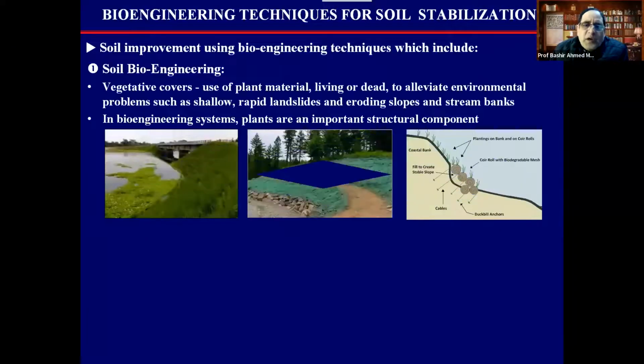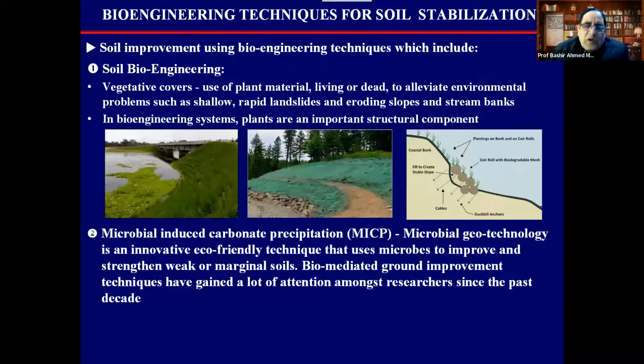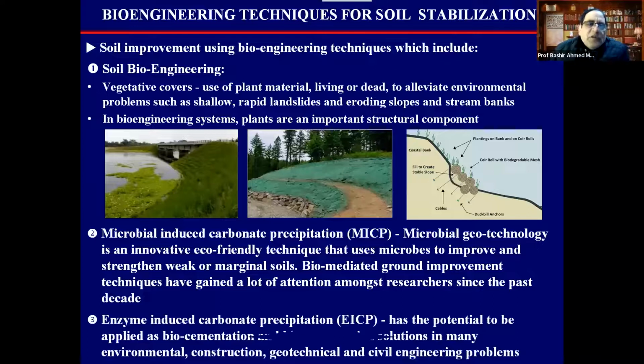Now, the important techniques I will be covering here: the first one is the vegetative cover, in which we can use plant materials, living or dead, to alleviate environmental problems such as shallow, rapid landslides and eroding slopes and stream banks. In a bioengineering system, plants are important structural components. You can see in the figure there is green grass over here, which can also avoid erosion of the soil.